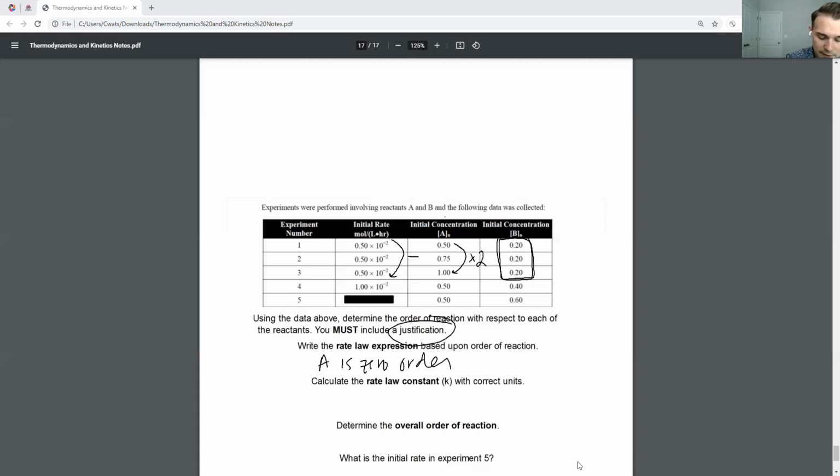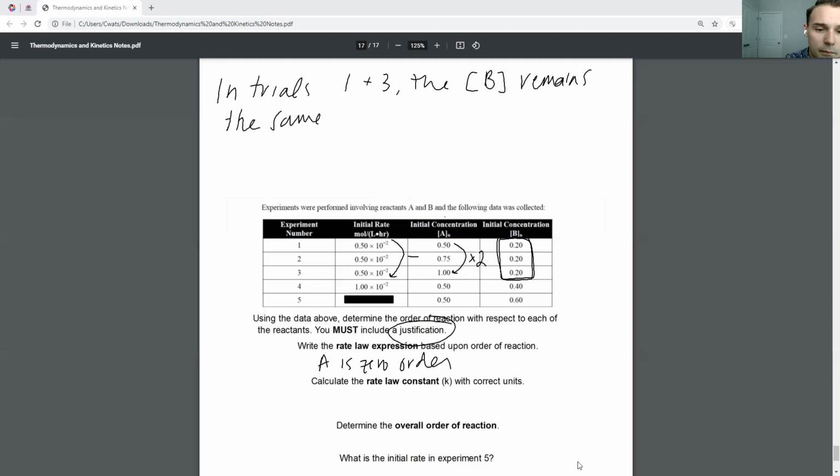And here's what I would write. In trials 1 and 3, the concentration of B remains the same. We always want to start with that to show, okay, this is where we're starting.